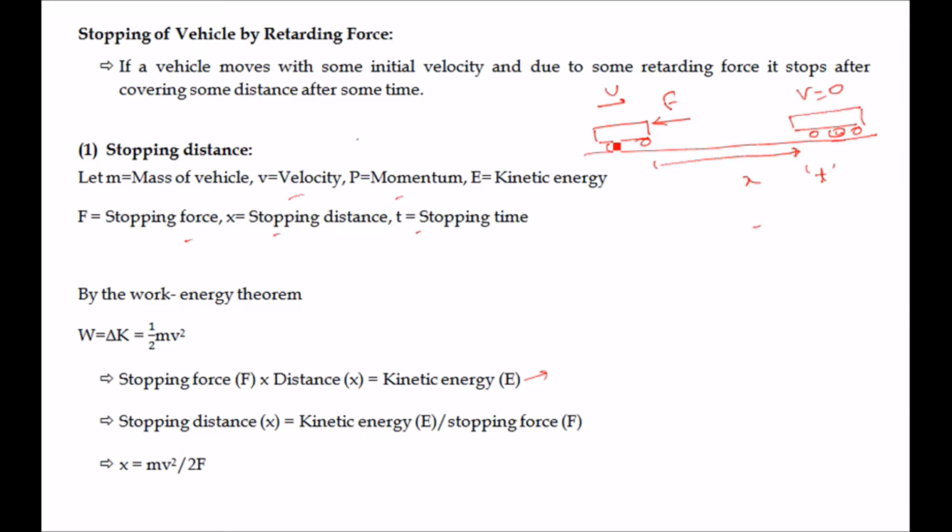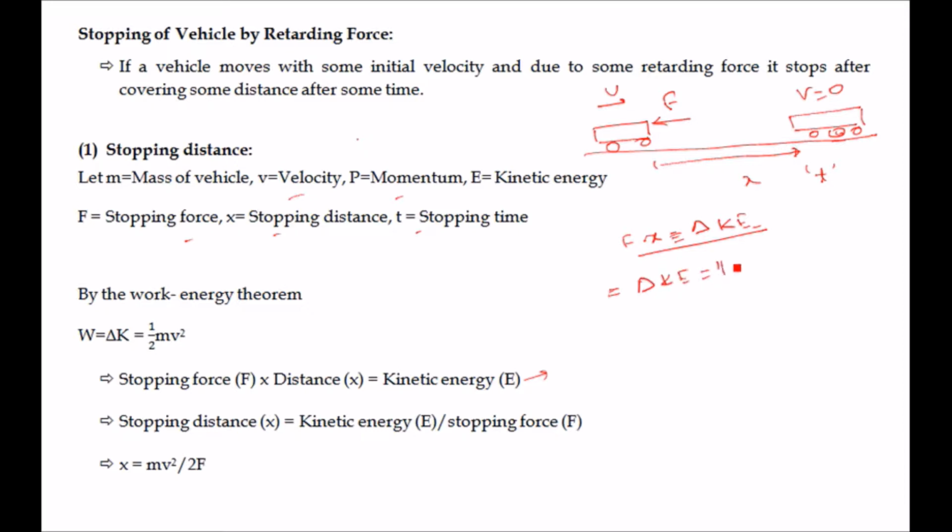Our approach will be the work energy theorem, which says that F into x is equal to the change in kinetic energy, or the work done on a body is equal to the change in kinetic energy. If the work is done by a retarding force, it will be negative work, as force and displacement are in opposite directions.